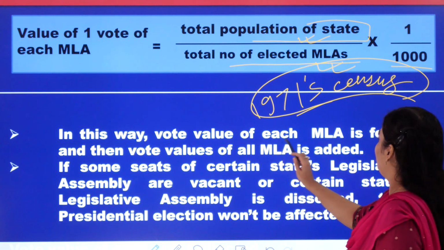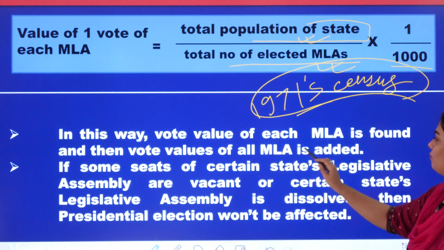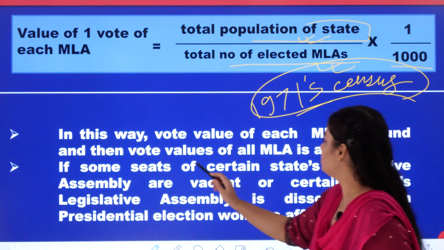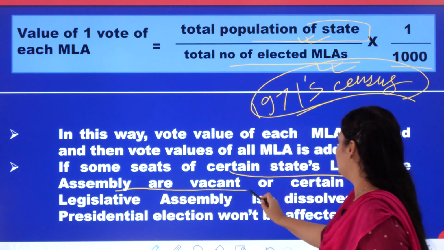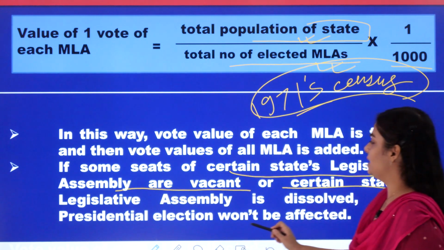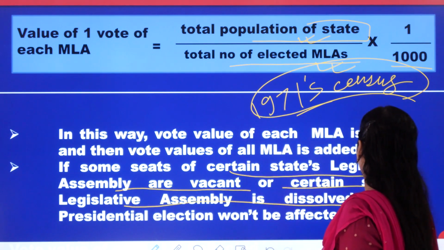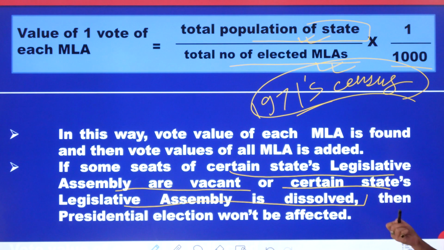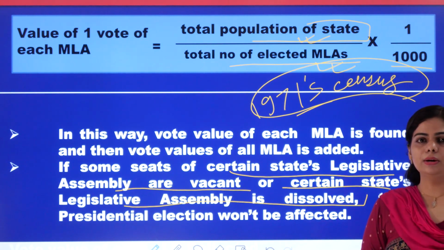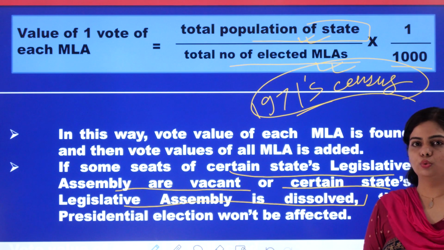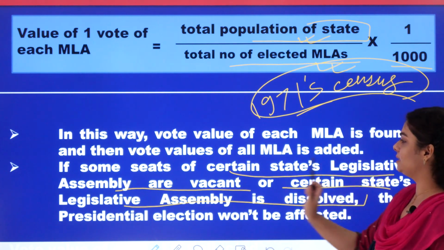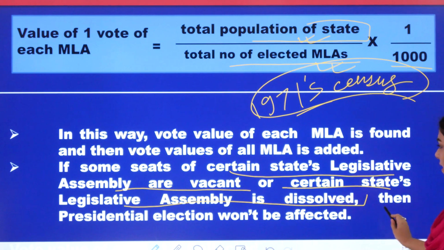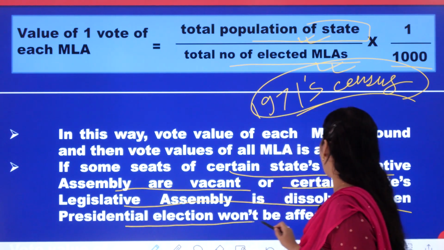In this way, the vote value of each MLA is found and then the vote values of all MLAs are added. If some seats of certain states' legislative assembly are vacant, okay, or a certain state's legislative assembly is dissolved, for example, in the case of state emergency under article 352, then the presidential election won't be affected.